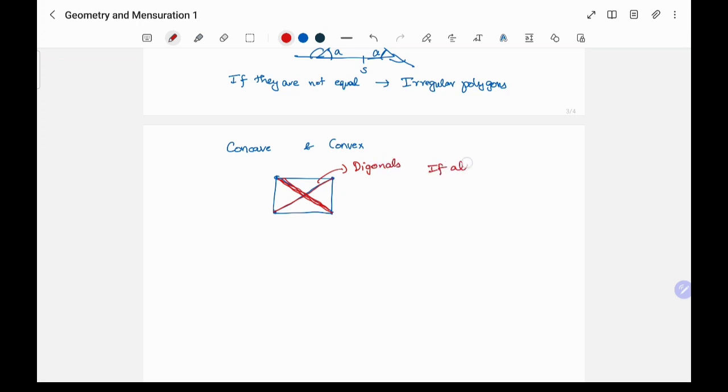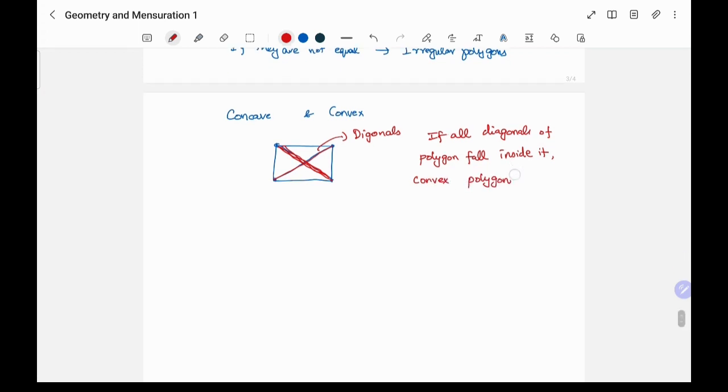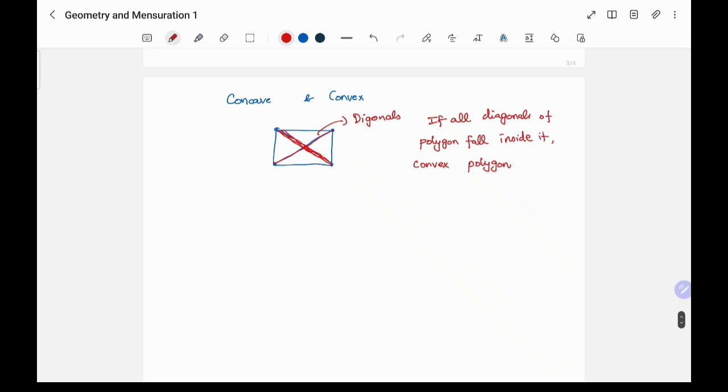If all diagonals of a polygon fall inside it, then it is called a convex polygon. For example, here both diagonals are inside the figure itself.